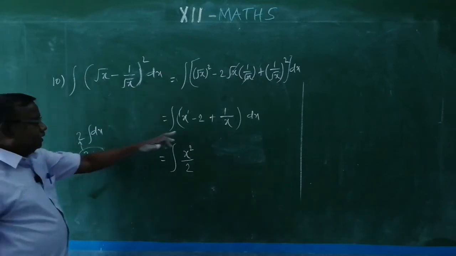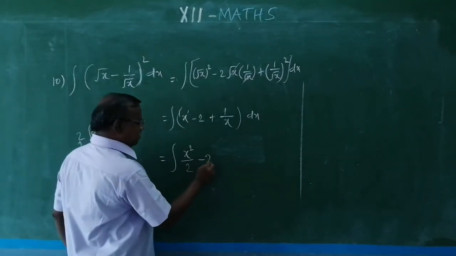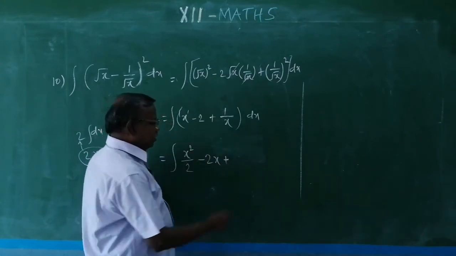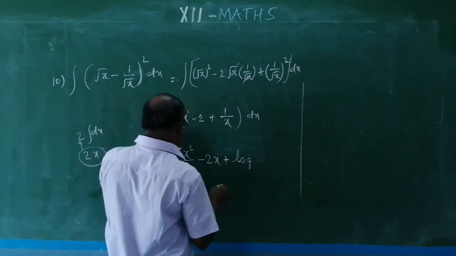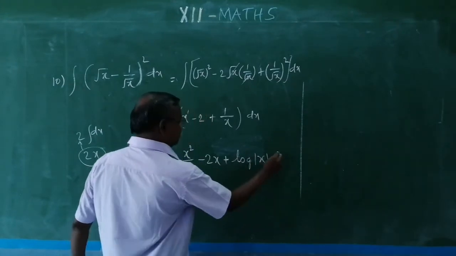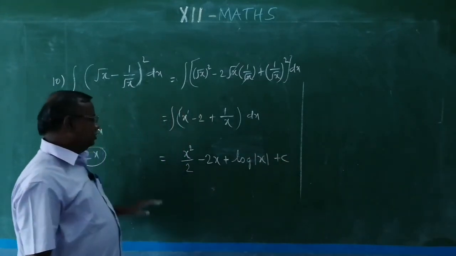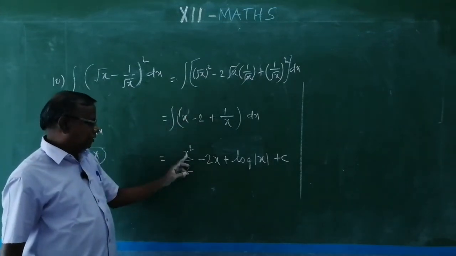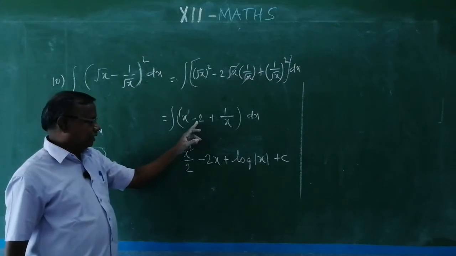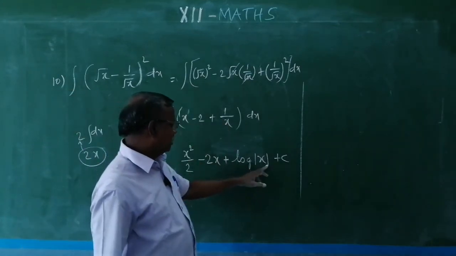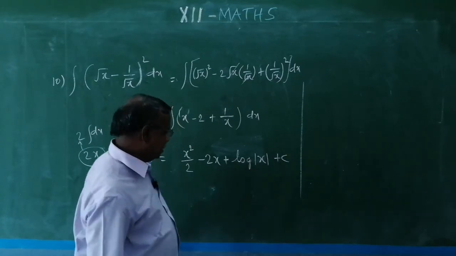So integrating 2 gives 2x, plus integrating 1 by x gives log of modulus of x, plus c. So integrating x we have x square by 2, integrating a constant gives the constant into x, plus 1 by x becomes log of modulus of x, and finally one arbitrary constant c.